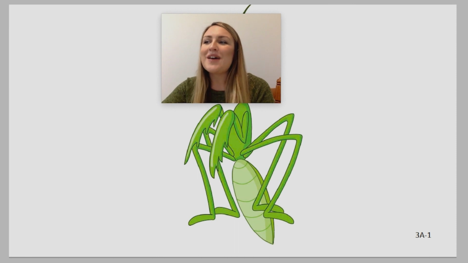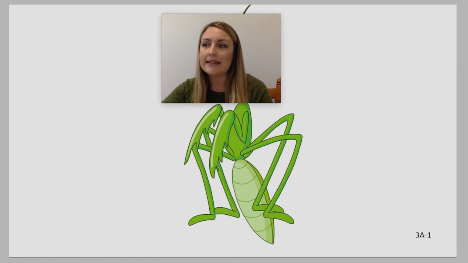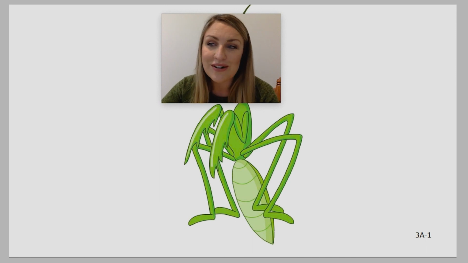Today we are learning about metamorphosis and how that impacts an insect's lifestyle. At the end of this lesson, you will get to make an insect life cycle poster.